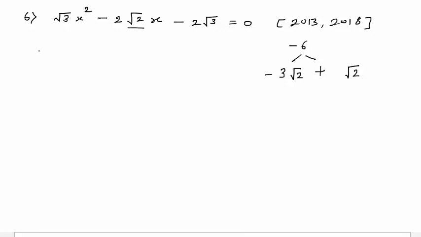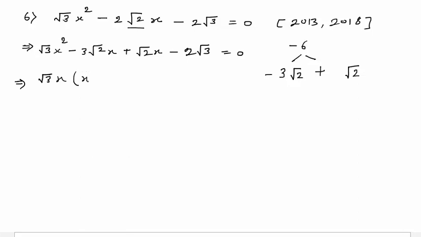So here what I will do, I will write this as root 3 times x square minus 3 root 2 times x plus root 2 times x minus 2 root 3 equal to 0. Now here that root 3 x I can take common. So this root 3 times x we take common.